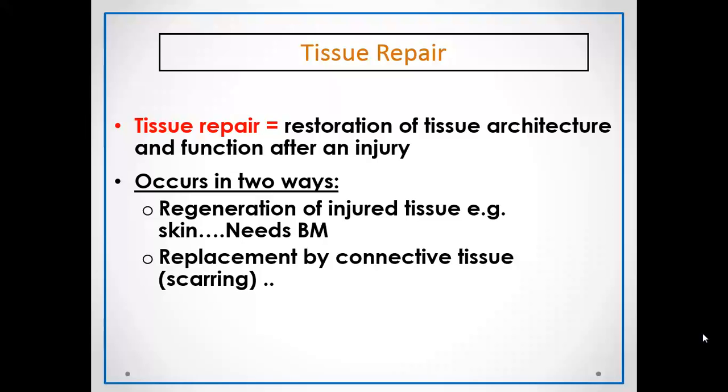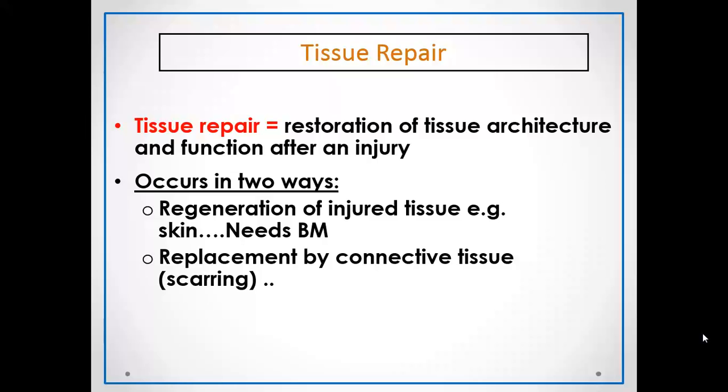So now we call for connective tissue: come here, please, and replace this injured area, because we cannot replicate and we cannot regain our normal function. This process is called scarring. So when I ask you what is scarring, it's replacement of injured tissue by connective tissue or by fibrous tissue.